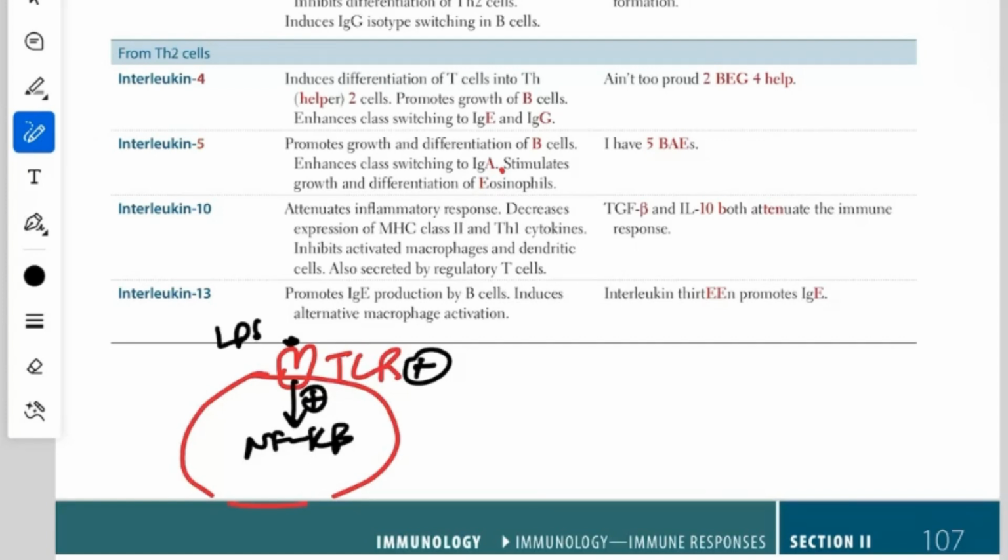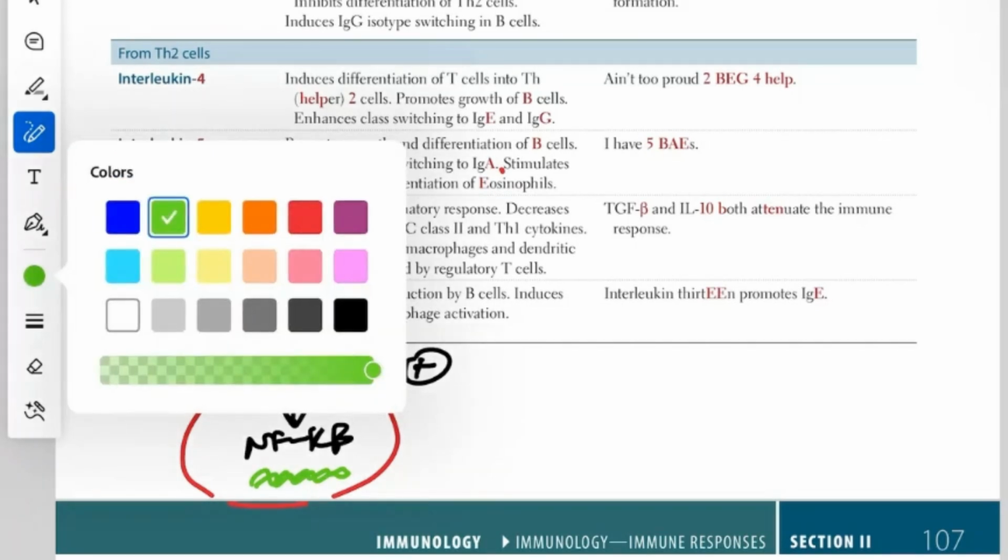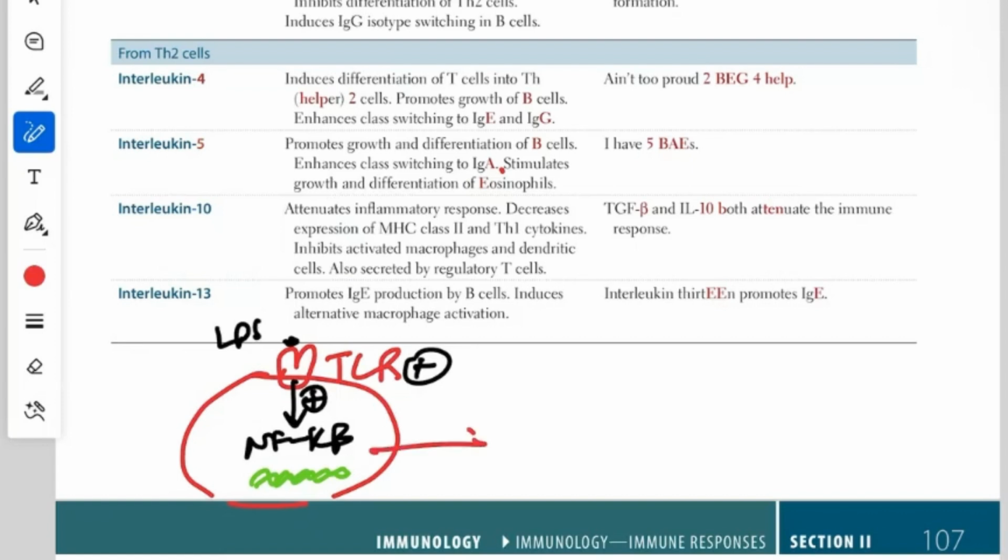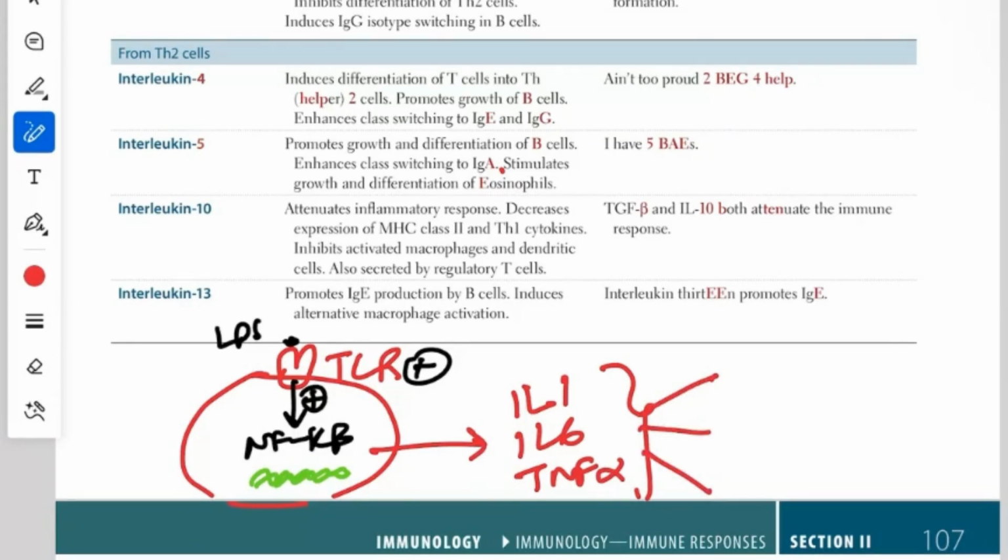Once it activates NF-kappa B, this will now go to your DNA and stimulate gene transcription, all those processes that make the macrophage now produce your cytokines. That's interleukin 1, interleukin 6, TNF alpha. All right. These are the things that will now go on to stimulate all those effects we looked at that will lead to sepsis.